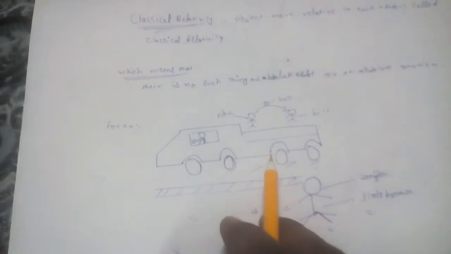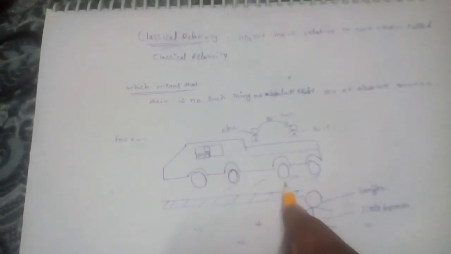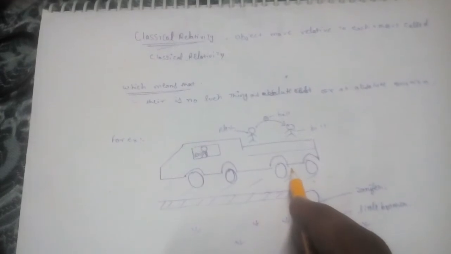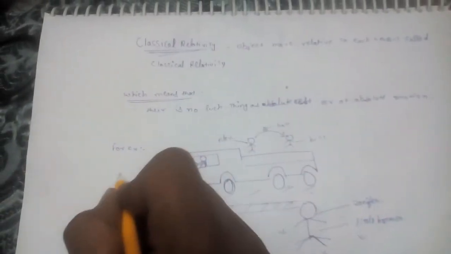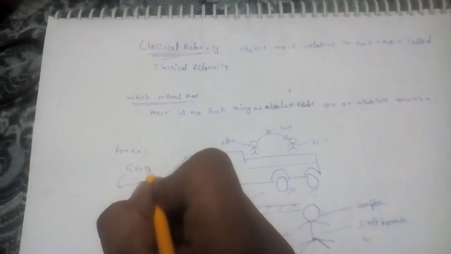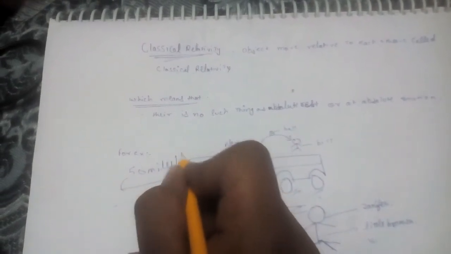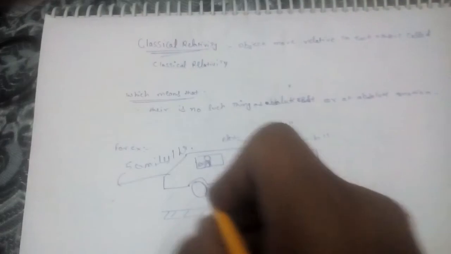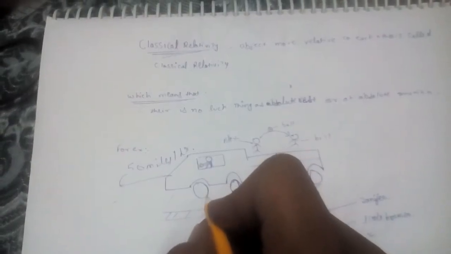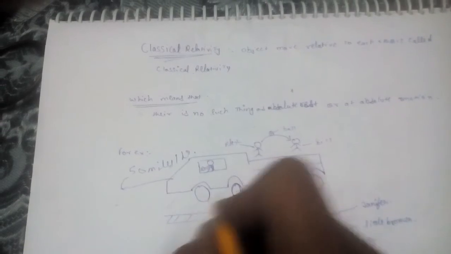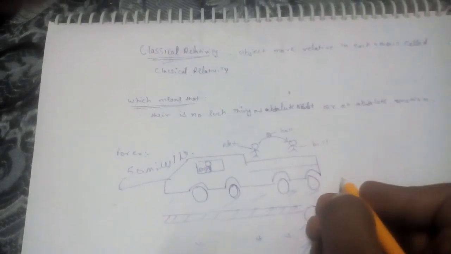For example, you look at the truck with two kids playing catch. The truck is moving at a constant speed of 50 miles per hour. But as the kids are also moving at 50 miles per hour, they could easily think they are standing still.